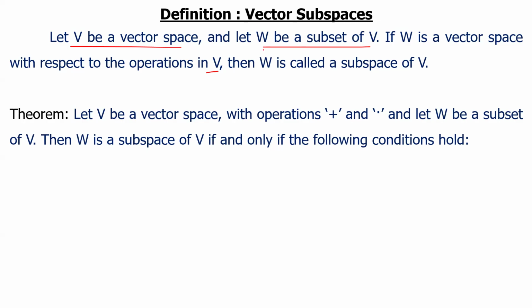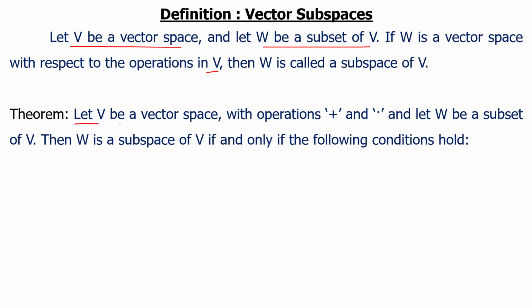Now, there is a theorem which states that if we only prove 3 properties of a vector space for any subset W of V, then that will be a vector subspace. So what is that theorem?